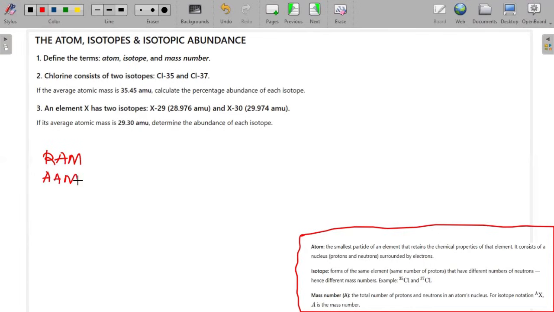So the formula for the relative atomic mass is going to be equal to the mass number of an isotope.